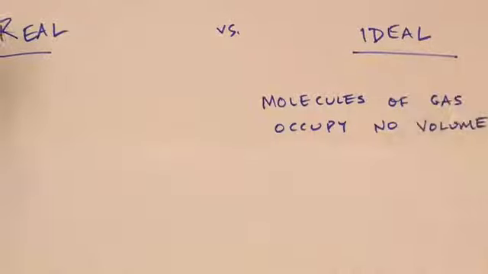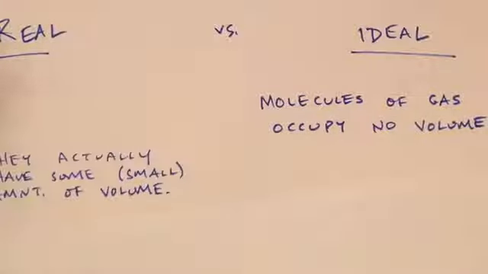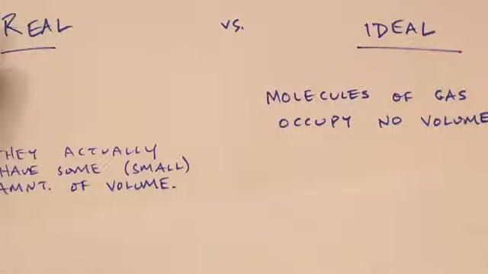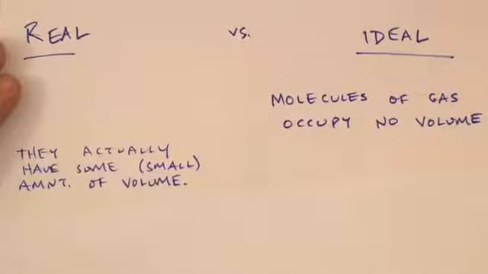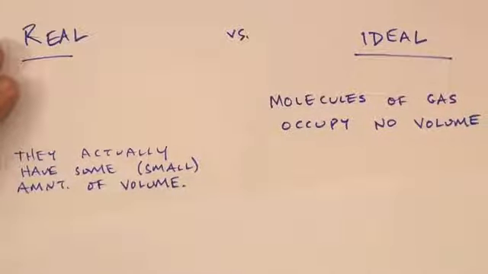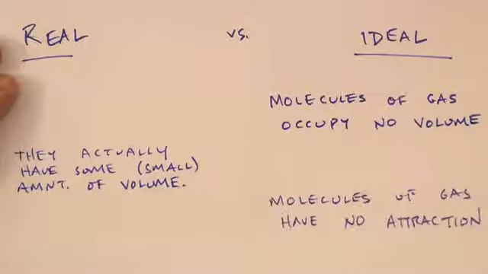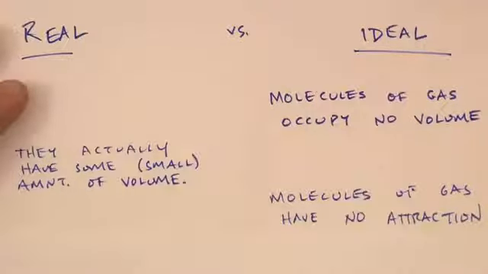Well, what about real gases? They actually have some small amount of volume, which probably makes sense. But we don't take that into consideration when we look at PV equals nRT and the other types of equations that we use. The second thing we assume for an ideal gas is that molecules of gas have no attraction to one another.